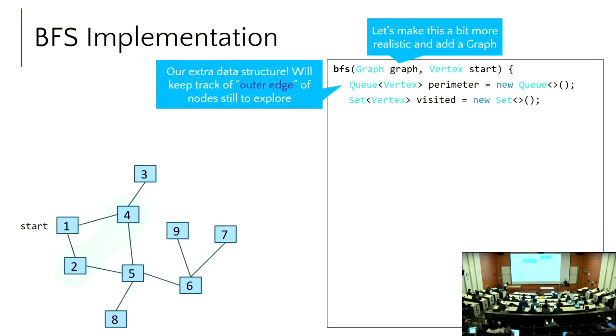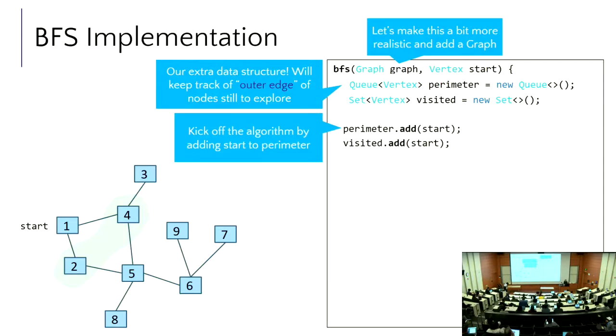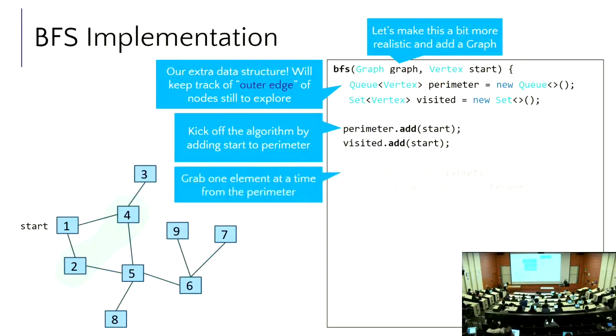So we kick off the algorithm by adding the source to the set of visited nodes, because I'm starting here, I've, quote, visited it, and then I'm going to add it to the queue of nodes to start looking at the perimeters for. And then I'm going to loop. You can see right away, I'm going to remove the first node from the queue, which is just source right now.